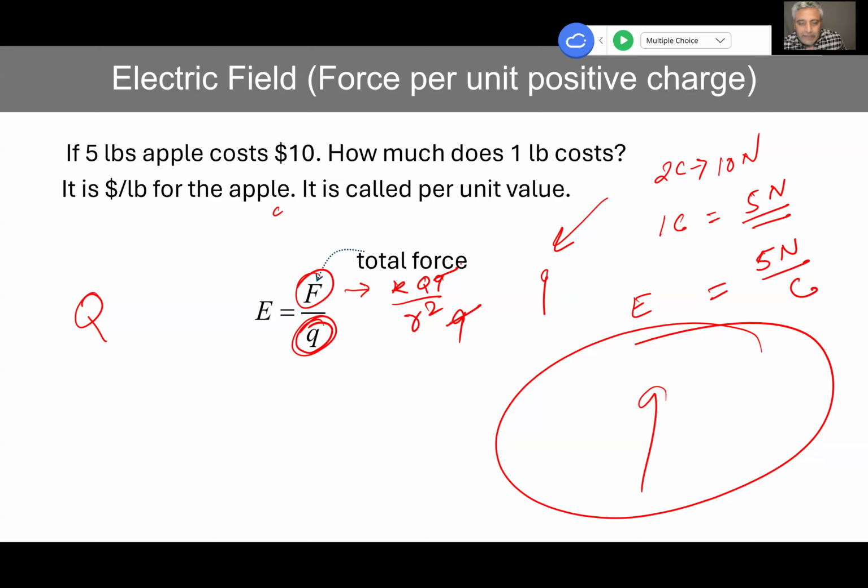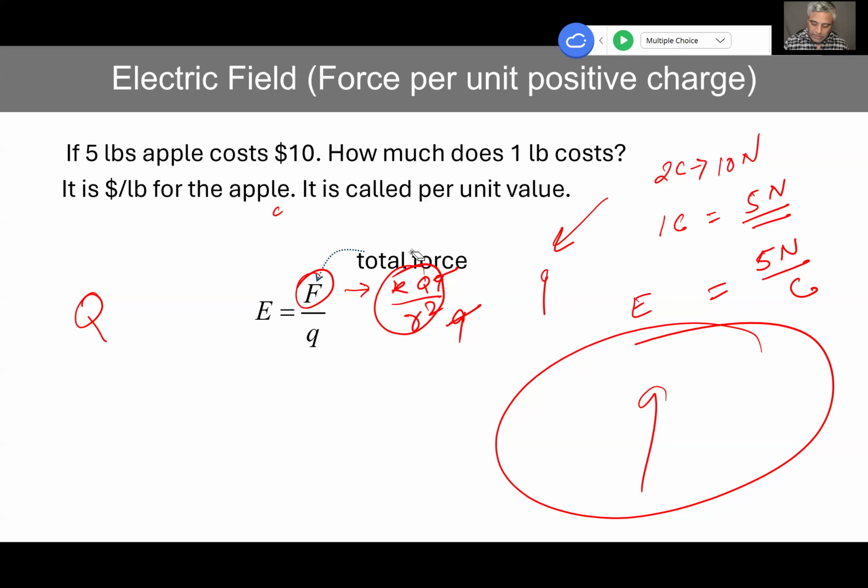So field and force equations look similar, but they are not the same. There are two charges in the force equation, but in the field equation, because we are dividing force by the test charge, one charge gets canceled.